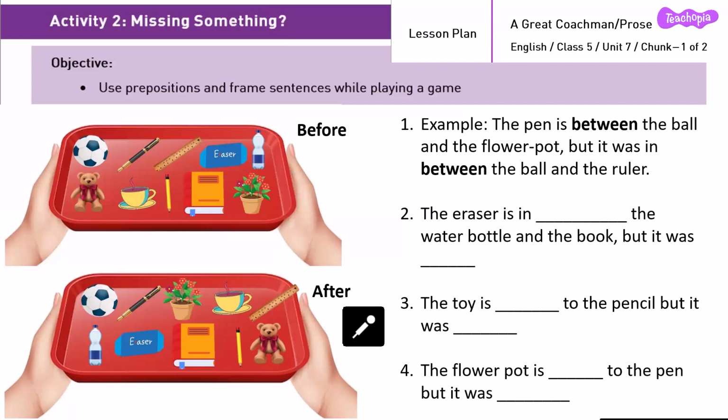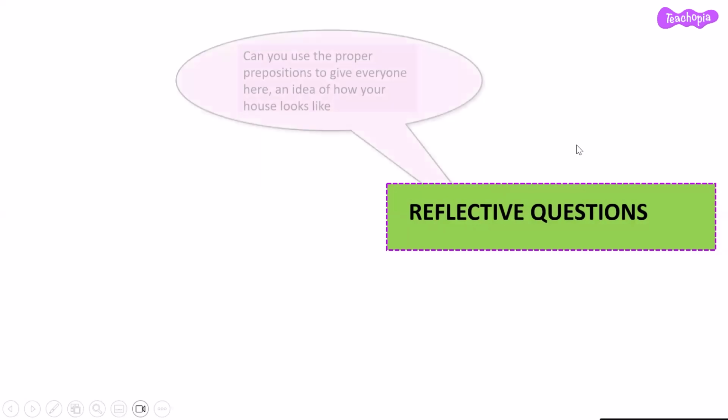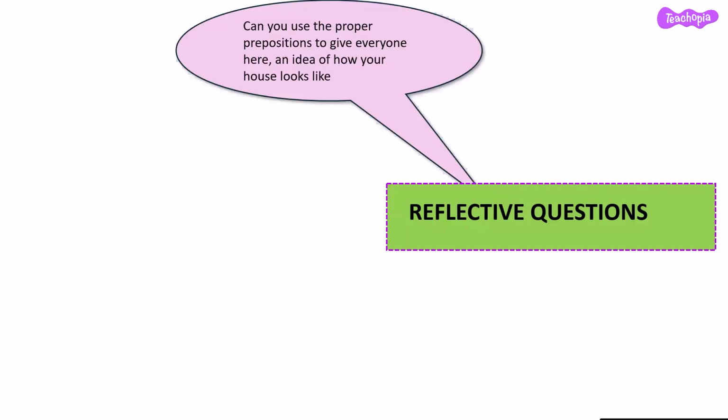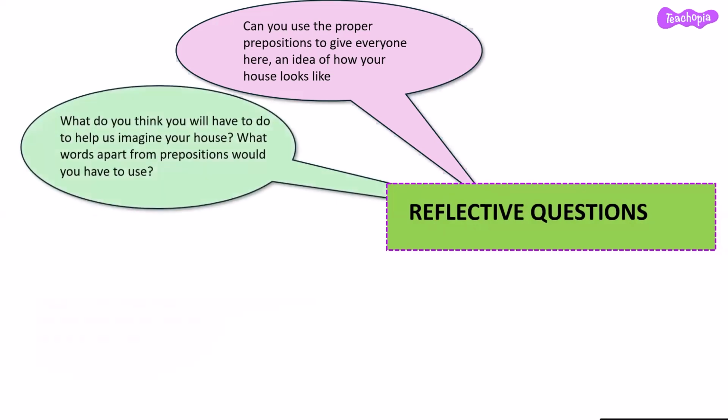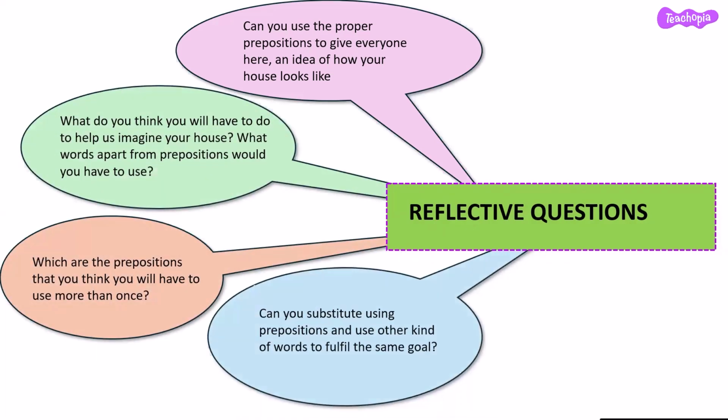Some set of filling them to fill positions through this game. Here are a few reflective questions that we can ask for this activity. Reflective questions are questions that you can ask to help the child think more about the topic that they are discussing. For example, you can say, can you use the proper prepositions to give everyone here an idea of how your house looks like?